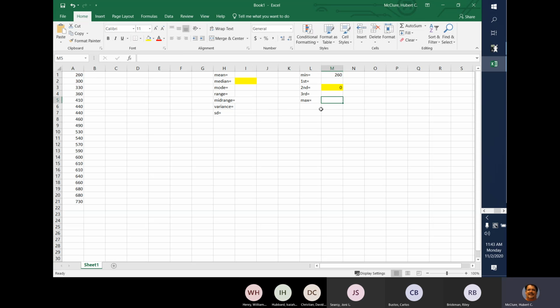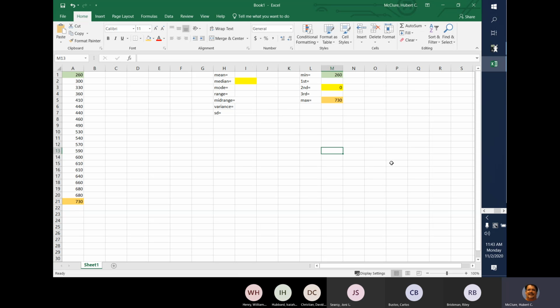And the max is equal to this guy. So we got those. That doesn't take much thinking there. Let's make that color. And make that color. And that color is going to be that burnt orange. And that's equal to that burnt orange.